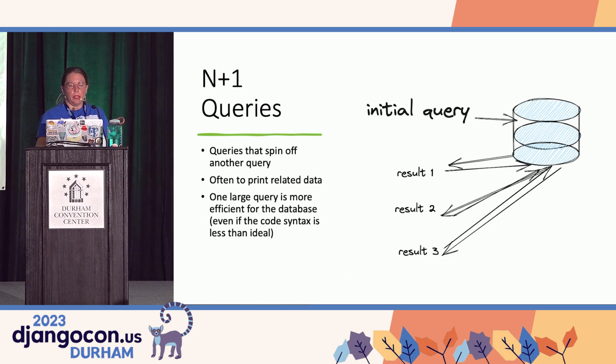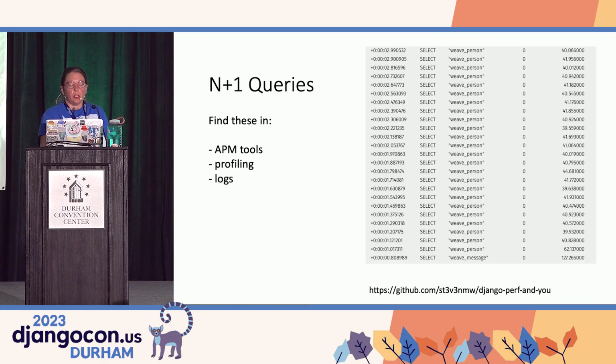What happens with an N+1 query is that you'll write one query and then you'll ask for something else, and that generates hundreds or thousands of individual queries instead of writing it as a batch of queries.